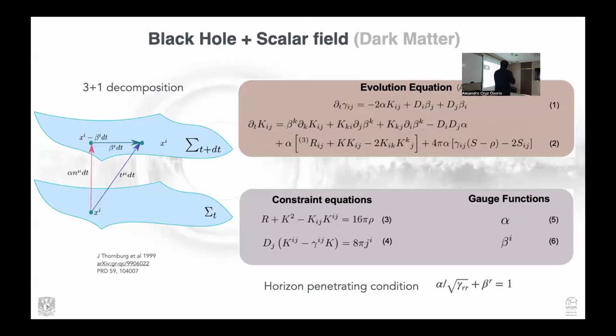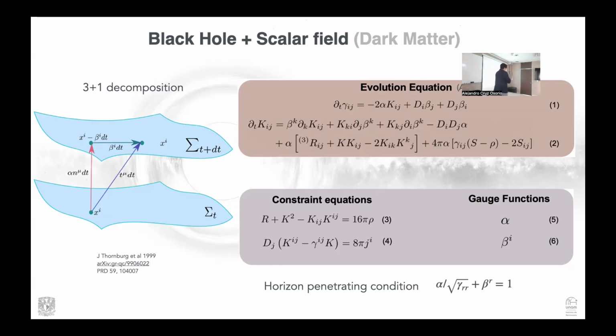Okay, now which equations are we solving to study the accretion of the scalar field? Basically, we are starting from the idea of the 3+1 decomposition. Remember that we always look at the beautiful Einstein equation, which every teacher shows us the first time.